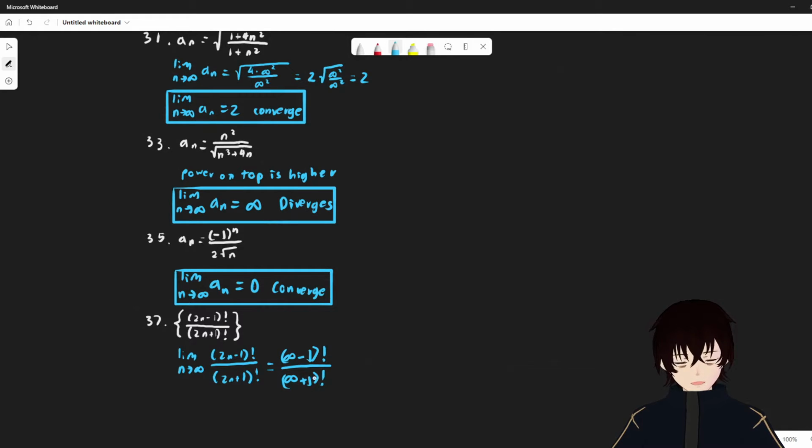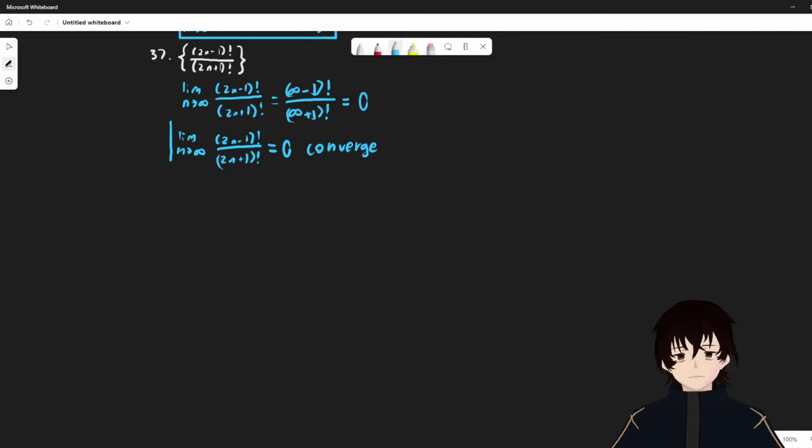And because we're multiplying by infinities here, the bottom will be infinitely larger, therefore this is 0. The limit of the sequence is equal to 0 and it converges. Box that in.